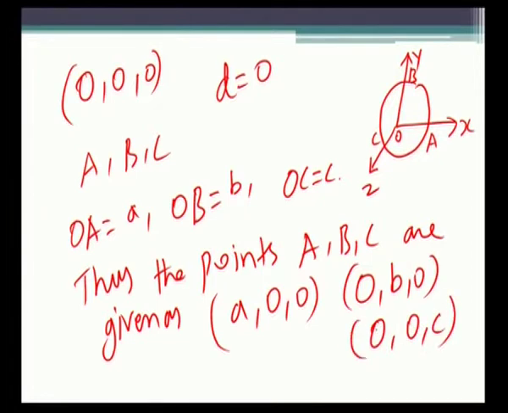So, this is how the points A, B, C are given. Now, equation 1, that is the general equation of a sphere, also passes through these 3 points.